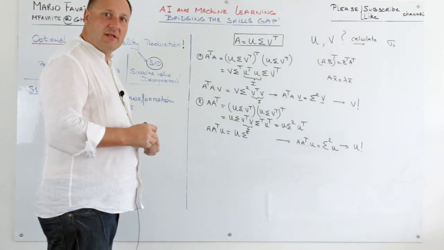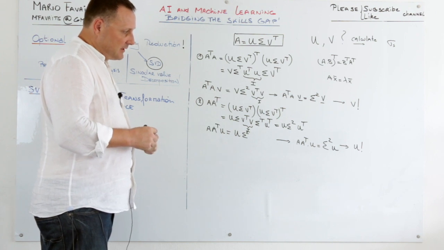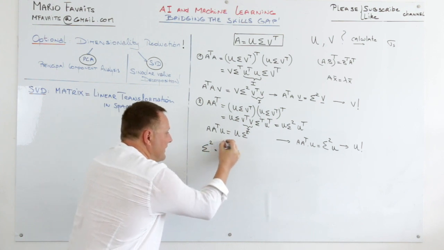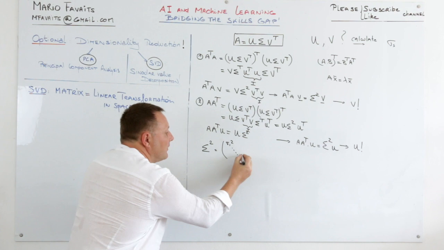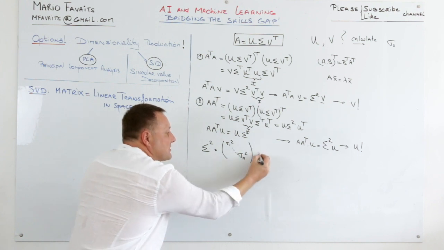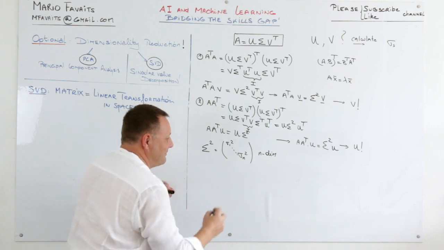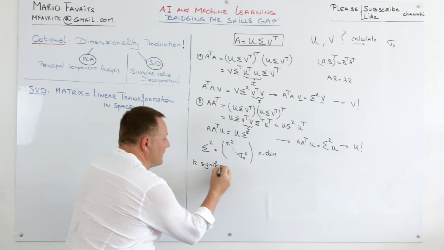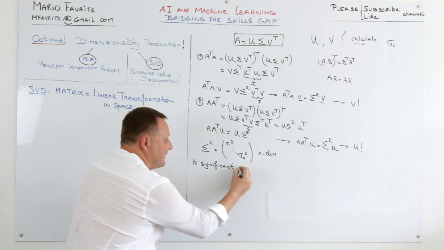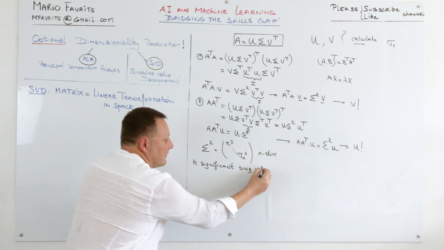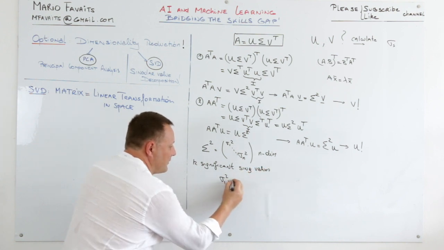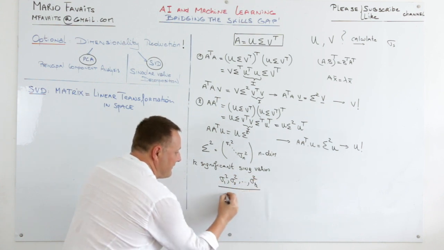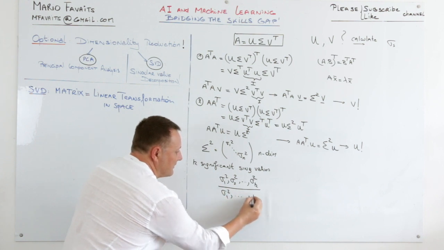Okay, so now how are we going to do the dimensionality reduction? Well, sigma squared, what is that? It's sigma 1 squared all the way down to sigma n squared in n dimensions. So basically, if we want to keep k significant singular values, what we're going to do is sigma 1 squared, sigma 2 squared, all the way down to sigma k squared, divided by sigma 1 squared all the way to sigma n squared.